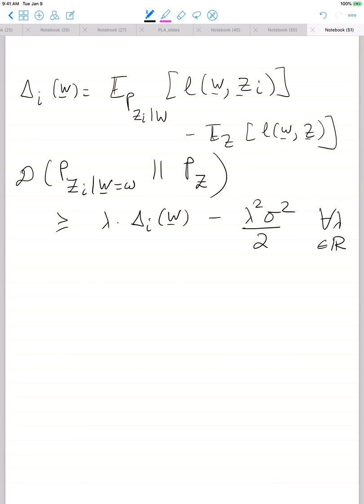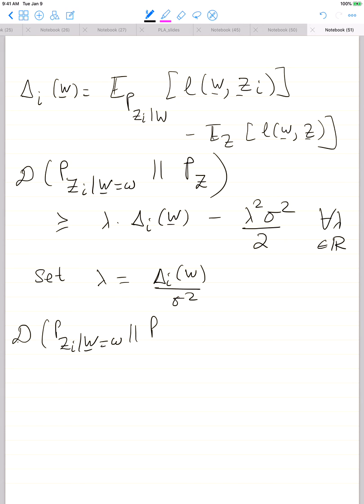So we do the same trick as before. We optimize over lambda. We set lambda to be delta I of W by sigma square, and so we get D of P of Zi given W equals W, and P of Z is greater than delta I square W by 2 sigma square.